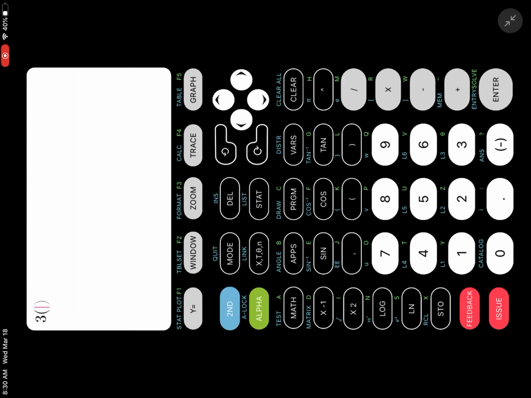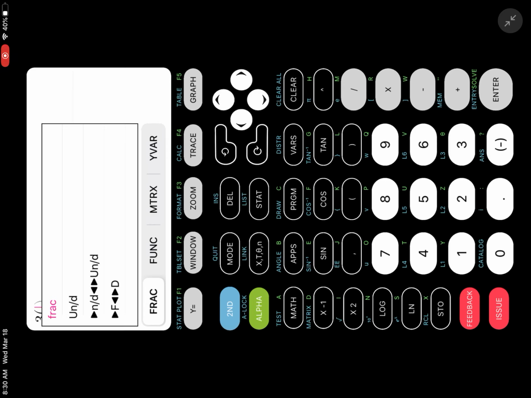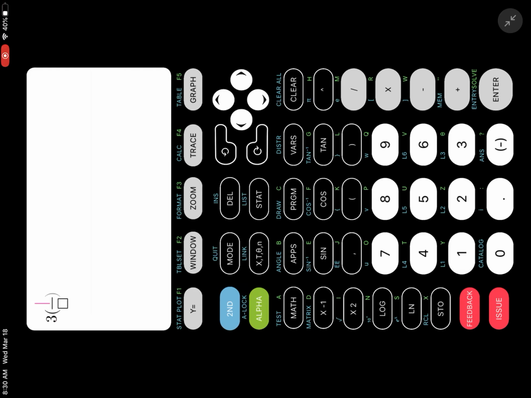If you hit alpha, the green button, y equals in the top corner gives you this up here. You hit enter, it gives you a fraction. So now we can write in our fraction of 21 over 4, right arrow, hit our parentheses again to close up, so it's only multiplying that, to find out what that equals, which is 15.75.